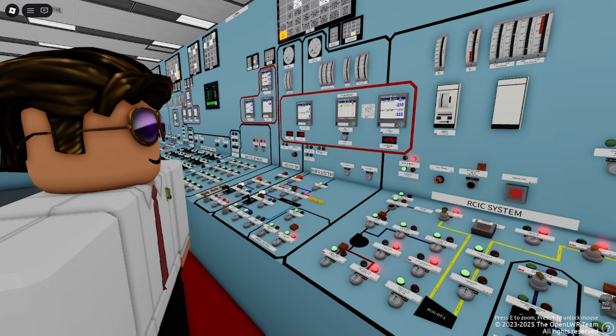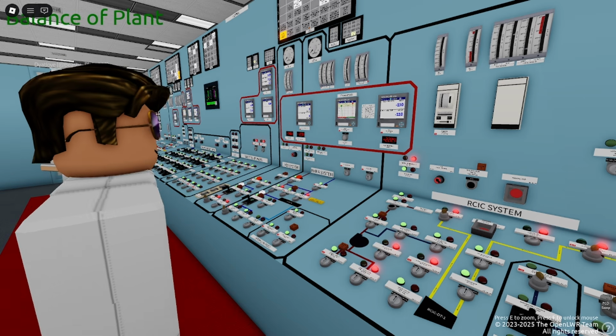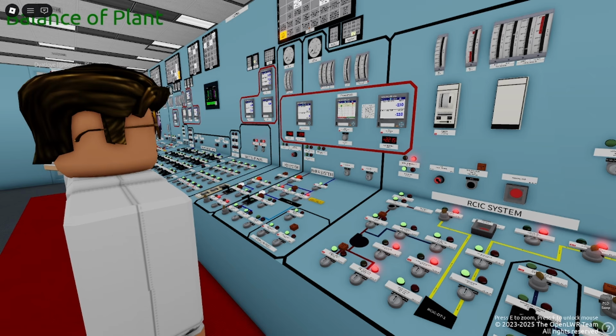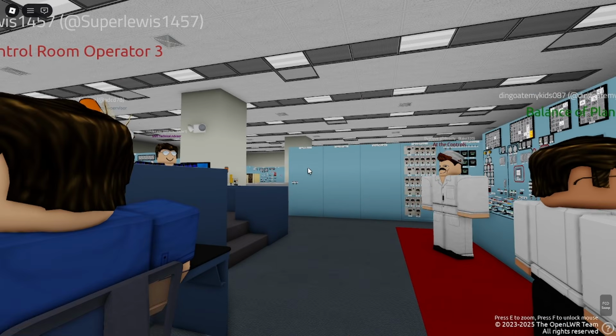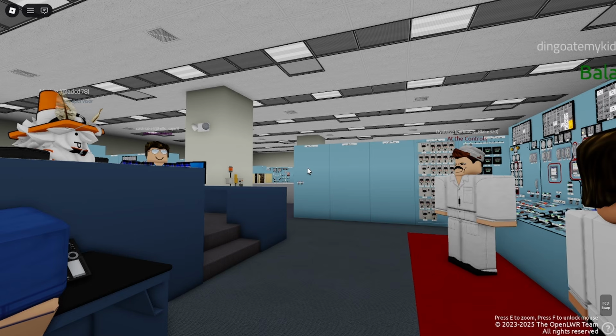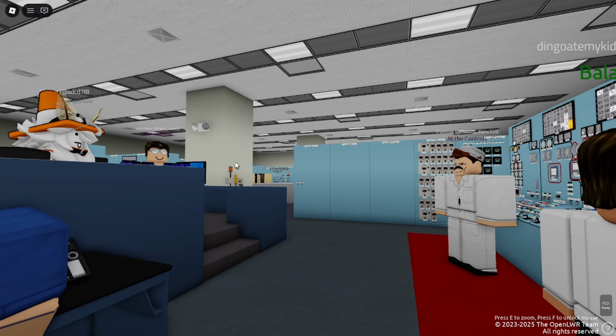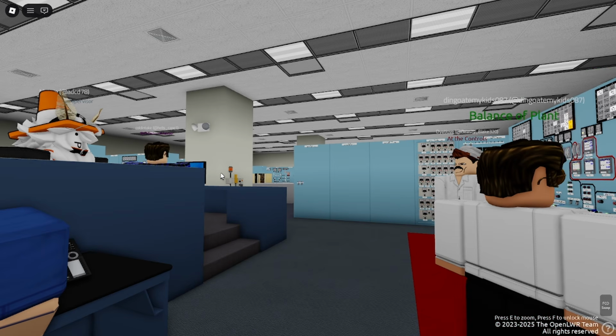Use HPCS using suppression pool suction to restore SPC level. Correcting: use HPCS with suction from CST tank to restore SP level. Use HPCS using CST suction to restore SPC level. That is correct.